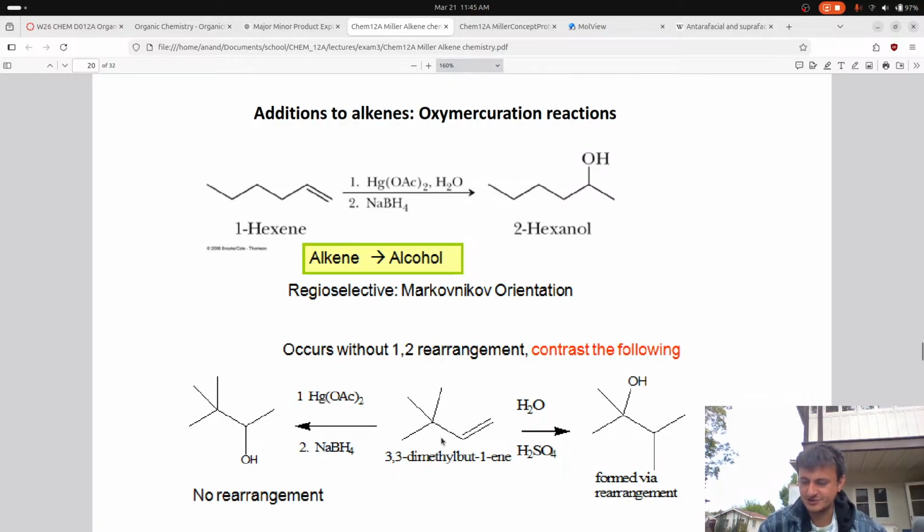This is exactly what I just drew. Okay, cool. They're saying if you do this in acid, just normally, you're gonna get a rearrangement.